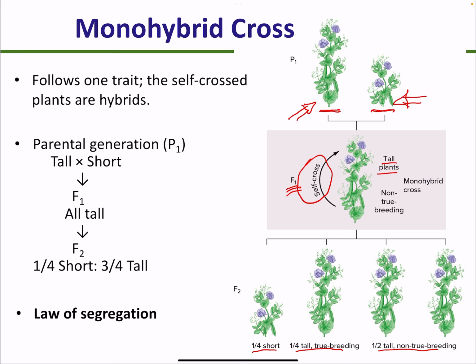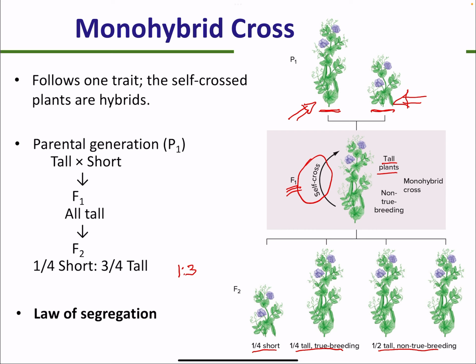So in terms of height, he noticed a ratio of 1 short for 3 tall. That's what he observed in the second generation.